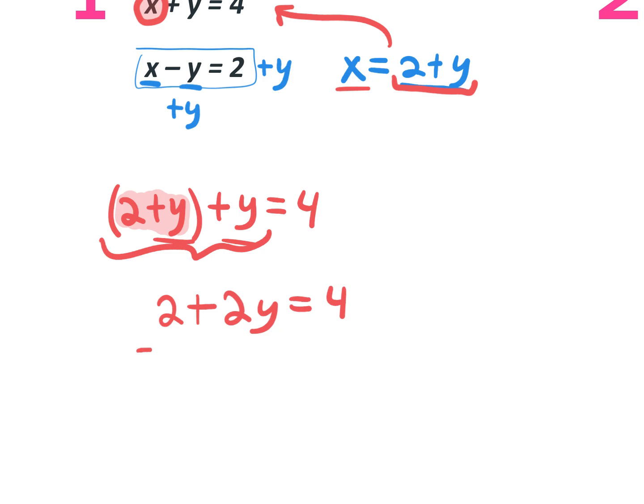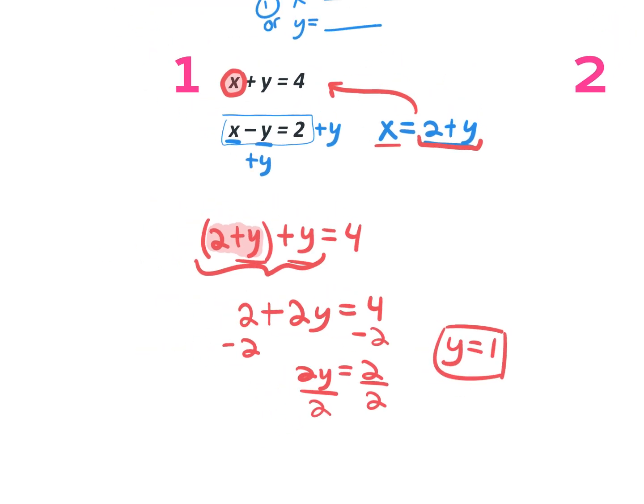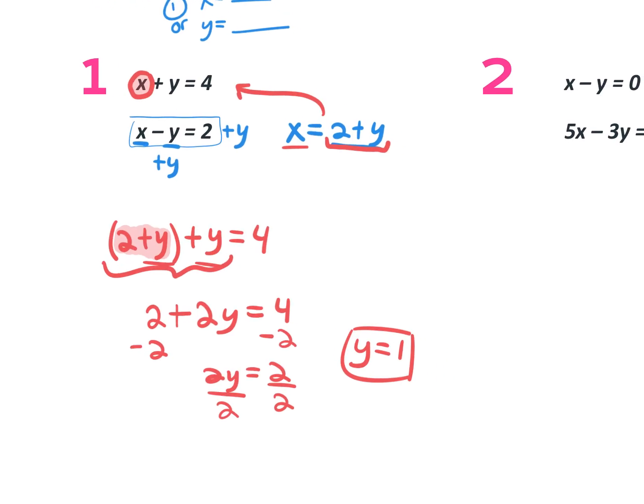Solve for y, we can subtract 2 on both sides. And then we're going to get 2y equals 2. So what do we get for y? Nice, right? So we get y equals 1. So that's one part of our answer. Are we fine with how we got y? Good, right? So then that's one part of our answer.